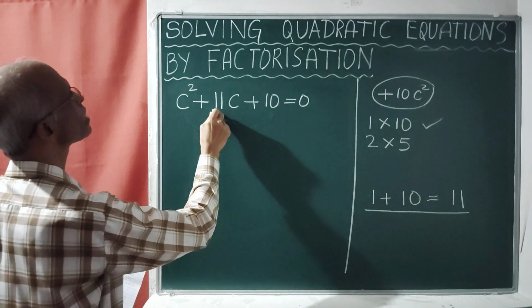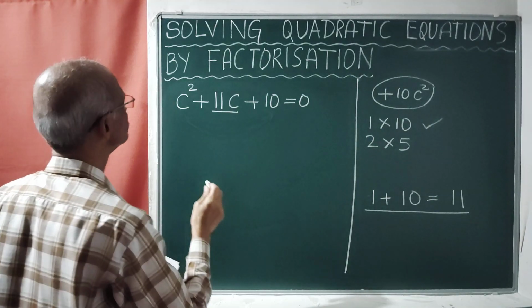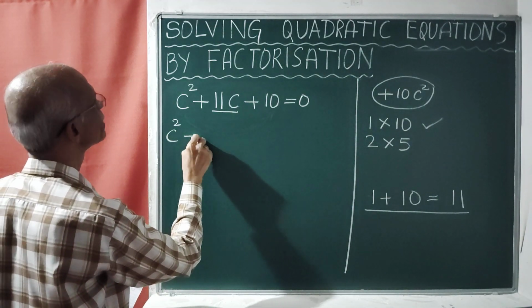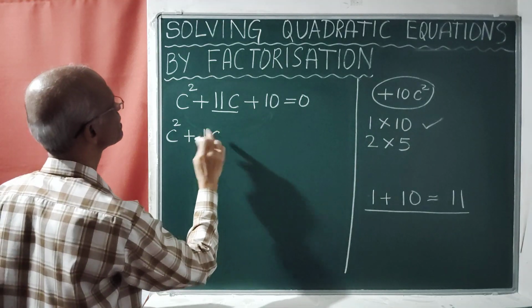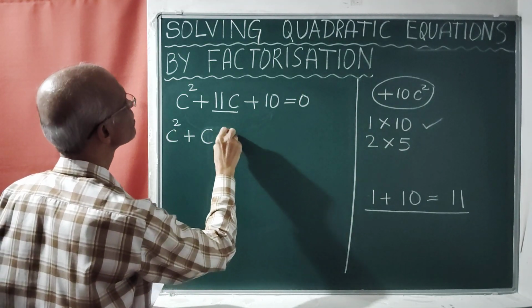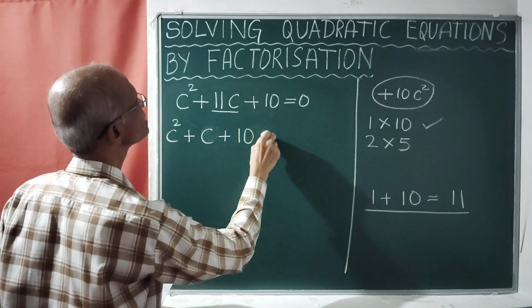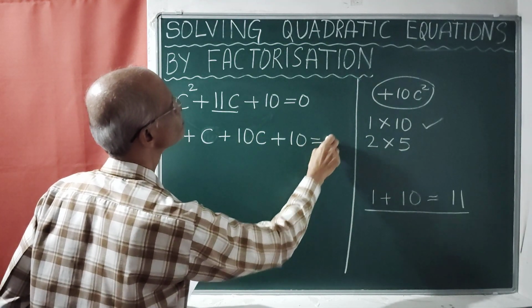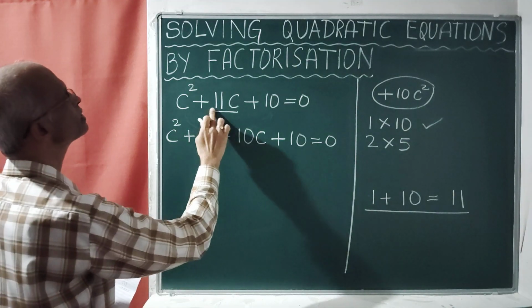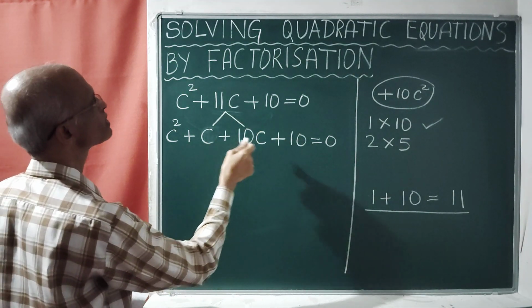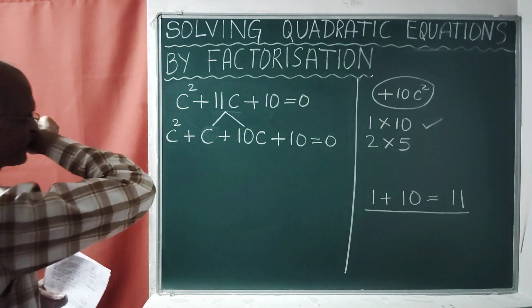Now this term will be split into two parts. c square plus 1c plus 10c plus 10 equal to 0. 1c plus 10c is 11c.